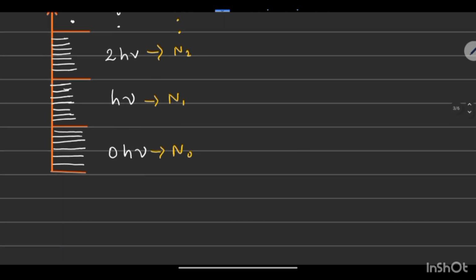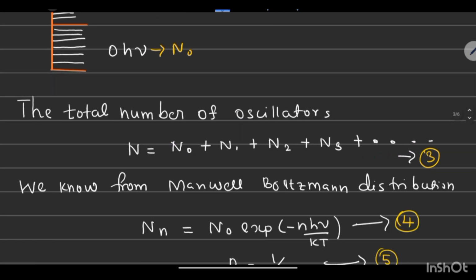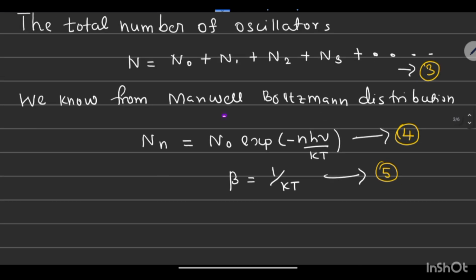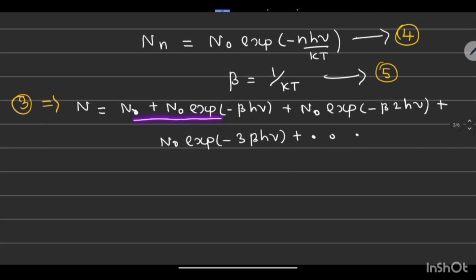So the total number of oscillators can be found by simply adding all such oscillators in each individual energy level. From the Maxwell-Boltzmann distribution, I can find the population in the nth level using the ground state population and the Boltzmann factor using equation number 4, and substituting beta equal to 1 by kT, I can rewrite equation 3 in the following way: N naught into exponential minus beta h nu, this way.